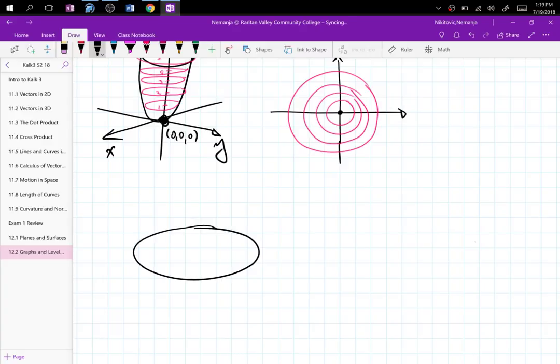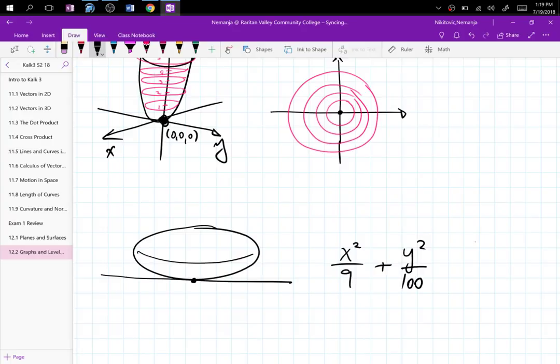So this is a very quick last example. If I have a watermelon, right? So this is a watermelon, and this watermelon sits on a table at a single point, and the equation for this watermelon is, let's say, x squared over 9 plus y squared over 100 plus (z minus 4) squared over 16 equals 1.